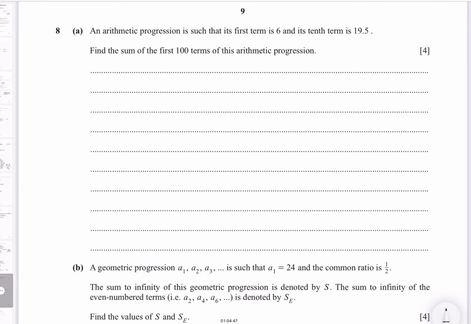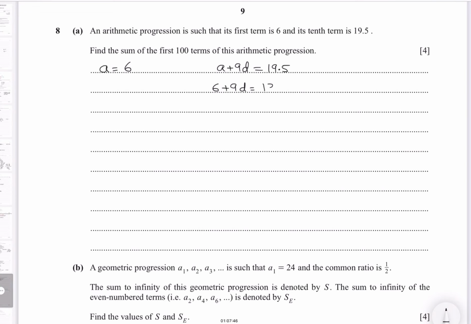So we can write a equals 6 and a plus 9d is equal to 19.5, because when he said 10th term, our 10th term would be a plus 9d. Like our first term is a, our second term is a plus d, a plus 2d, and it goes like that.